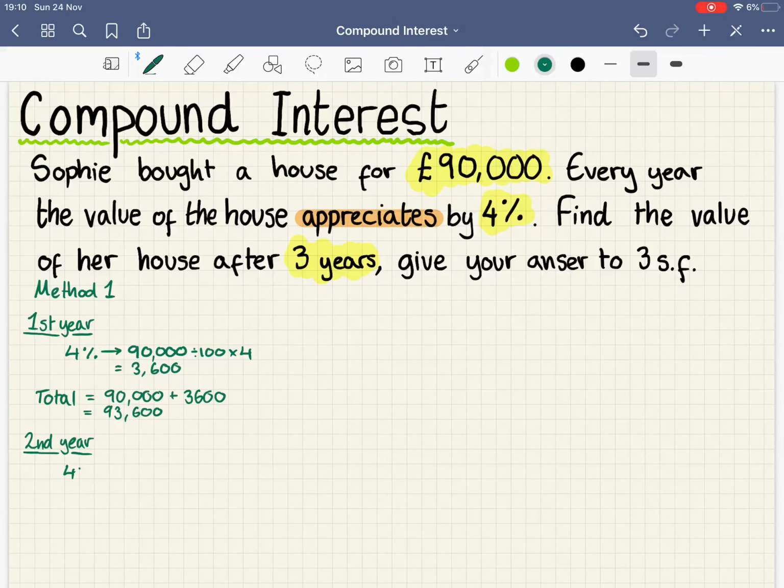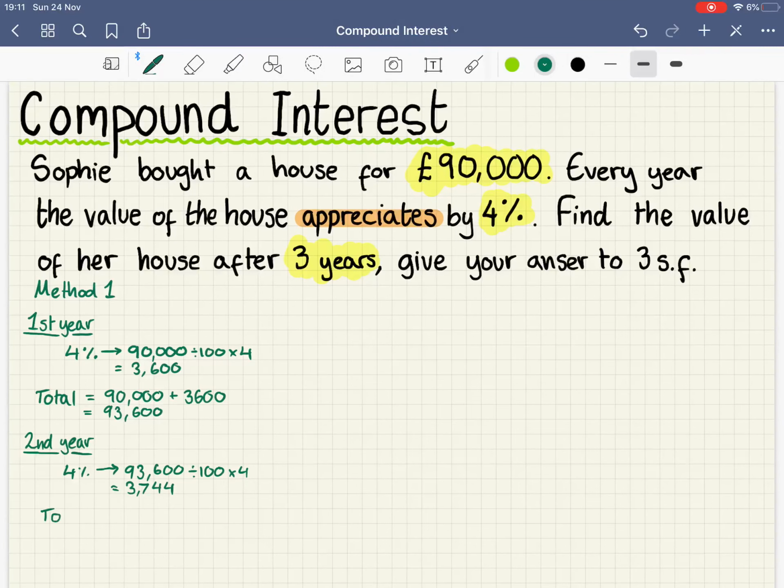And now I look at my second year. I repeat the same thing I've just done, but this time instead of 90,000, I'm finding 4% of 93,600, which will give me 3,744.